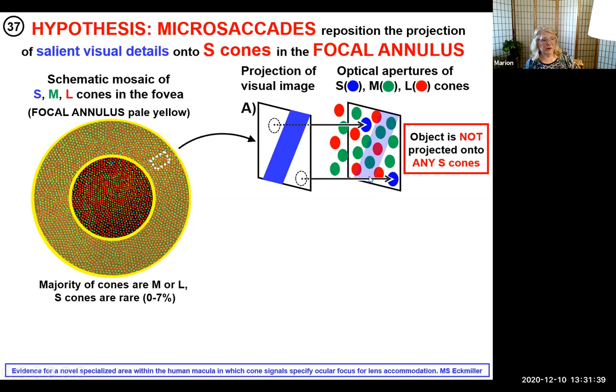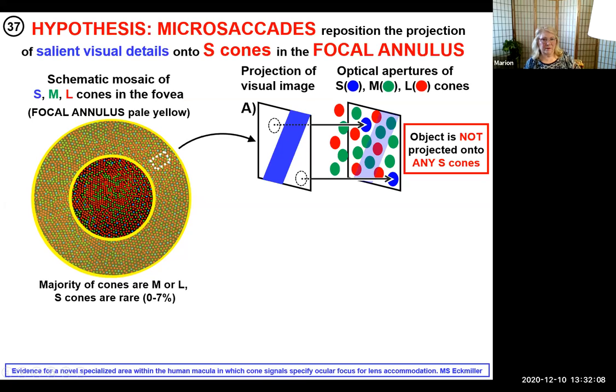And I have shown here that just by chance, although this is a blue line, which would really stimulate the blue sensitive cones, none of the blue cones, neither of the 2 that are present there, are going to get that blue light or the edge of it onto their optical apertures. So that object is not projected onto any S cones.